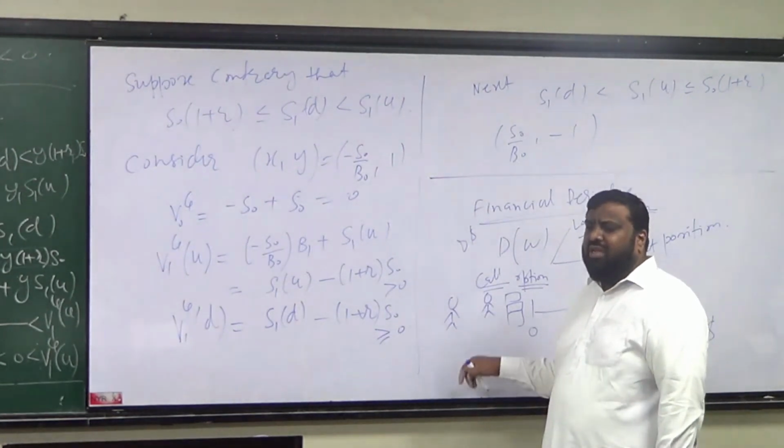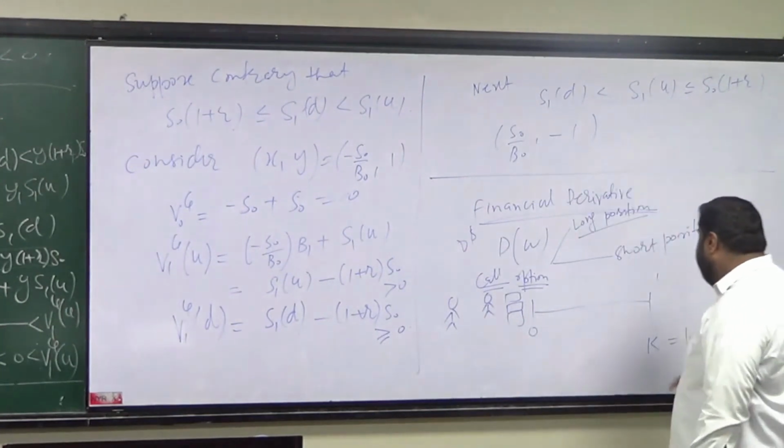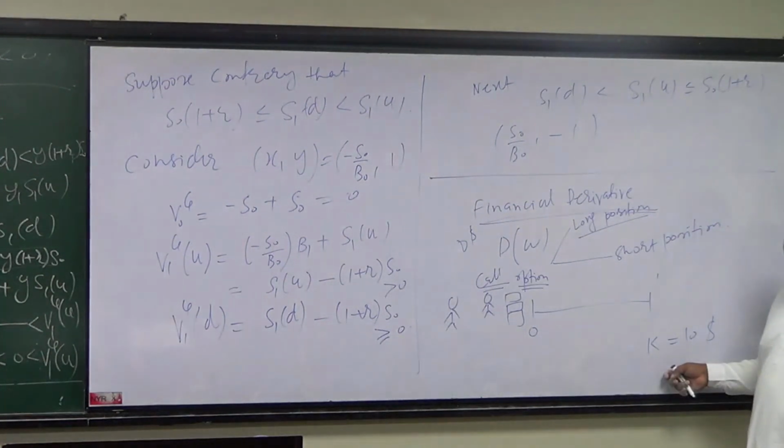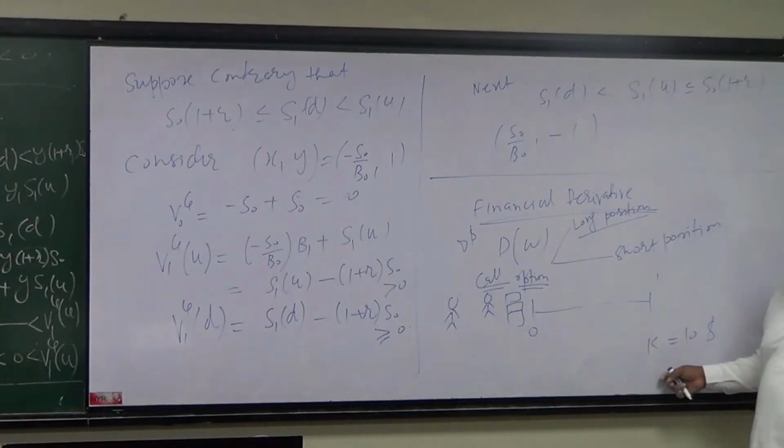So I write that at time 1, if you wish, you can buy from me the stock at this price, and if you get a better price, go and buy from the market. Exactly, the buyer is happy. The long position guy is happy in this one.